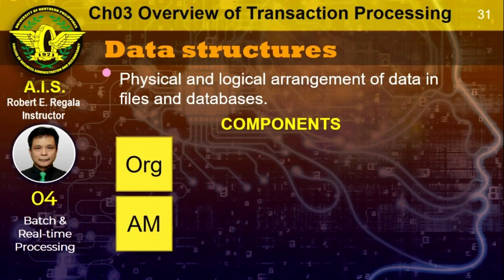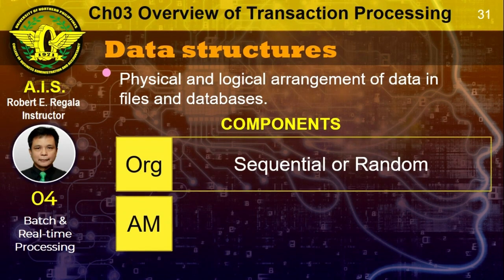These may be either of the general categories of sequential or random. The records in sequential files are stored in contiguous locations that occupy a specified area of disk space.